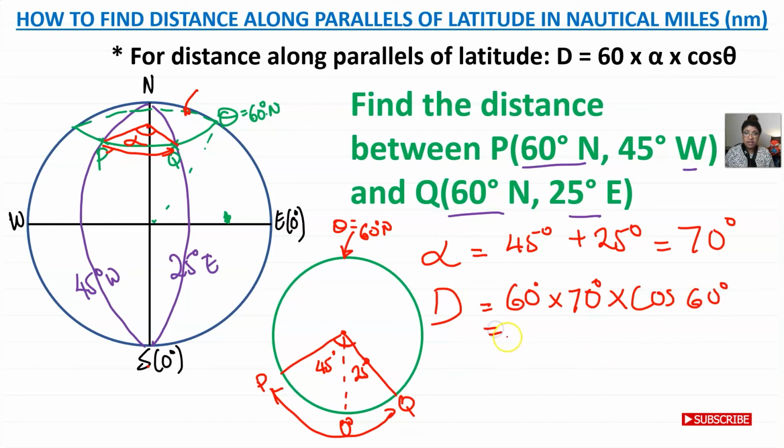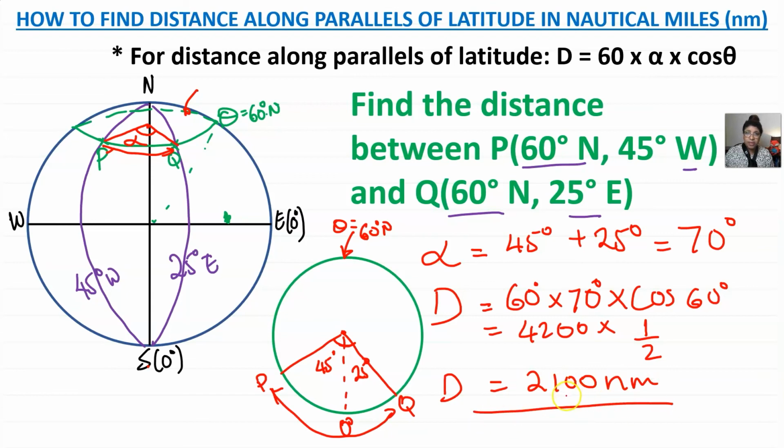Right, so let's do this calculation then. 60 times 70, 6 times 7 is 42, and the 20 times cos 60, which is the same as sine 30, which is a half. So half of that is going to be 2,100 nautical miles. And that job is done.